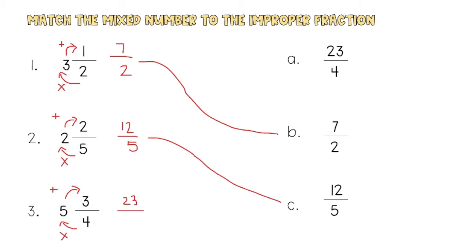And my denominator stays the same, so it is going to be 4. I want to make a note that mixed numbers and improper fractions have the same value. So when you're converting one to the other, it does not lose its value. They are equal to each other.